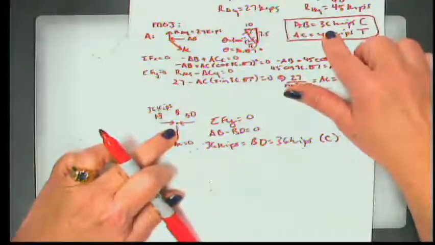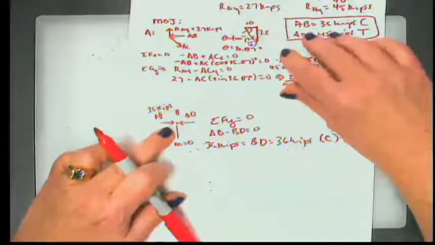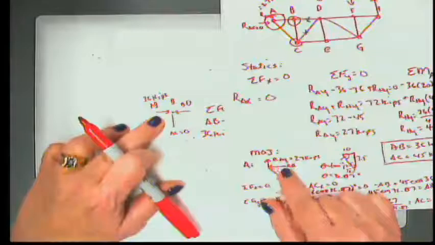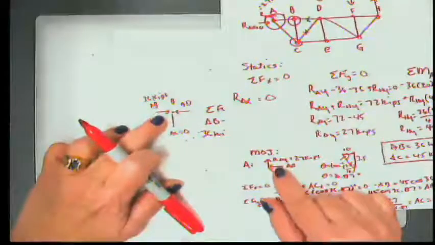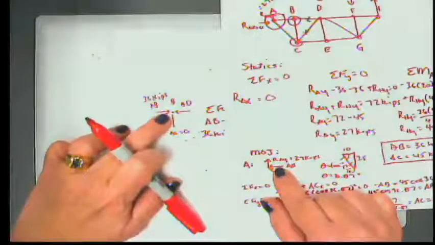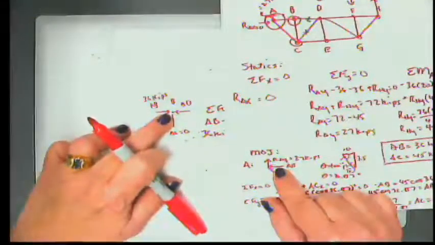When we looked at AB at joint A, it's pushing on the joint, so it's moving to the left. Here at joint B, it's pushing to the right because it's still pushing on the joint.